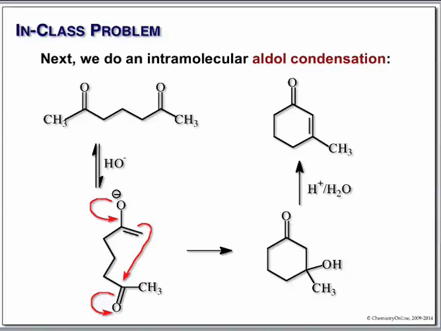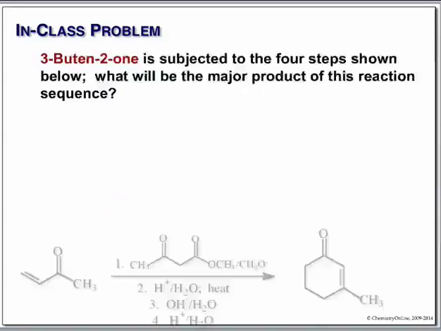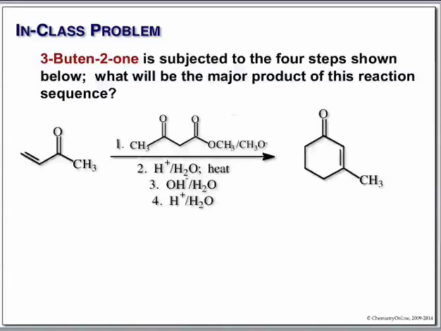So in our first two steps, we made the diketone. We then did an intramolecular aldol condensation, dehydration. The whole thing looks like this. And this is our Michael addition, hydrolysis, aldol condensation, and dehydration. Step one, our conjugate addition, the Michael step.